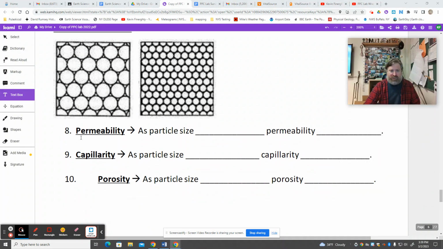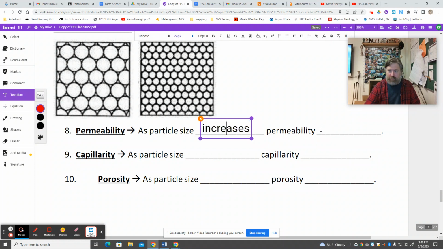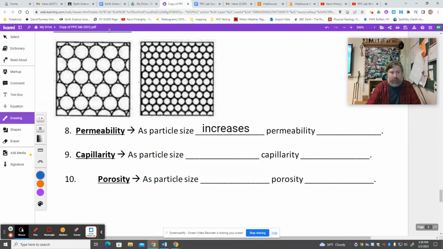So for the different particle sizes, permeability, that's like the speed, the rate at which water goes through. As particle size increases, permeability does what? So as you get to bigger and bigger particles, what happens to permeability?